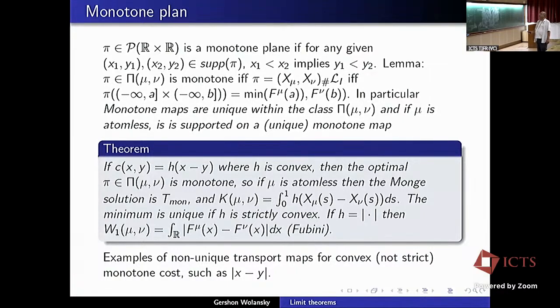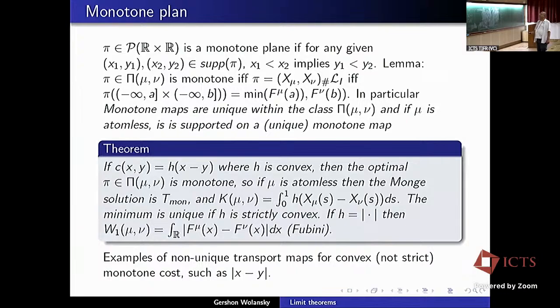You can characterize it, and I will not prove this but it is quite straightforward, as follows: pi is monotone if and only if pi is the push forward of the Lebesgue measure by the inverses X_mu and X_nu.